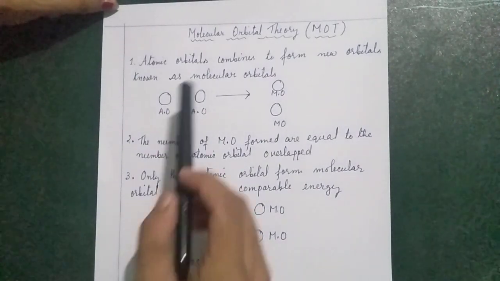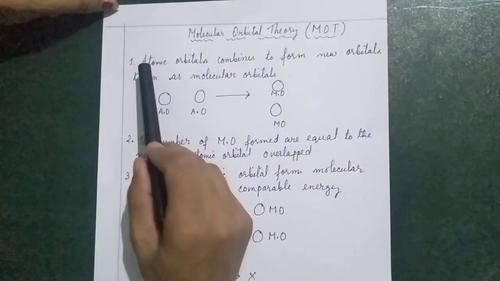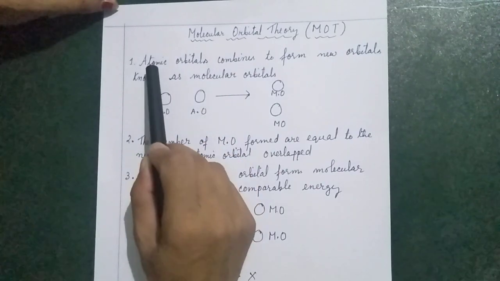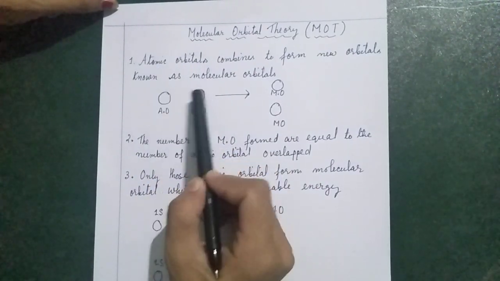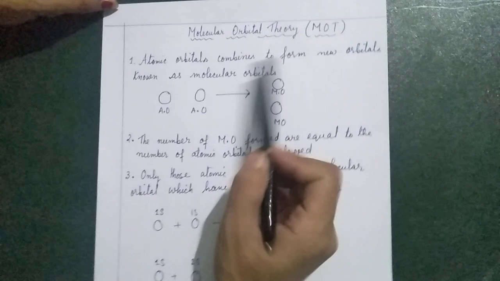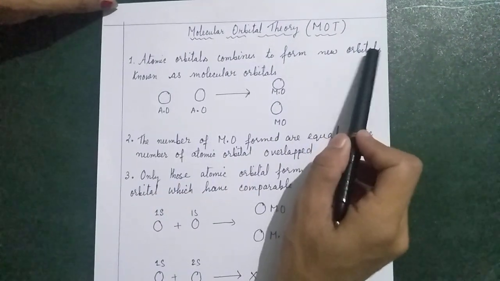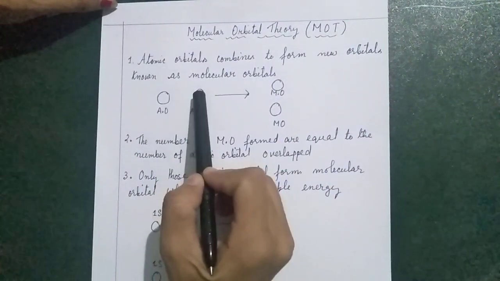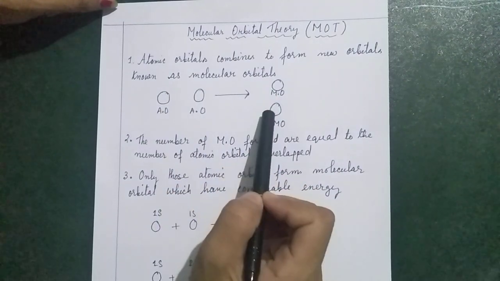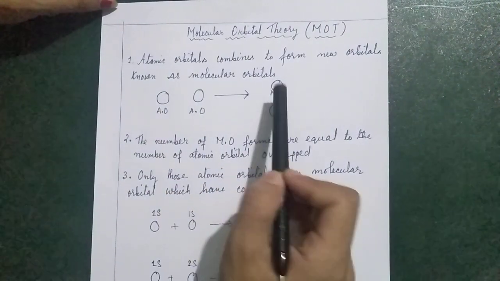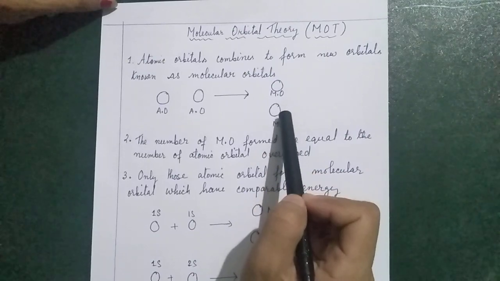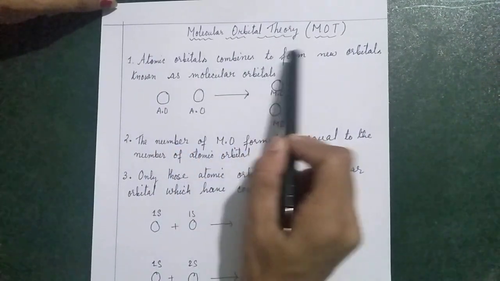According to molecular orbital theory, atomic orbitals combine to form a new orbital, and this orbital is known as a molecular orbital.